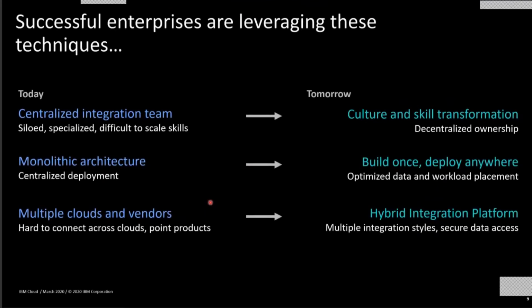A big portion of my modernization workshops goes around the centralized integration team, which today we believe needs to move to a culture and skill transformation where we've got decentralized ownership. And we've got reasons and ideas on why it will work and why it's already working in some areas. We look at the monolithic architecture, where there's a centralized deployment, versus build once, deploy anywhere, and optimize data and workload placement.